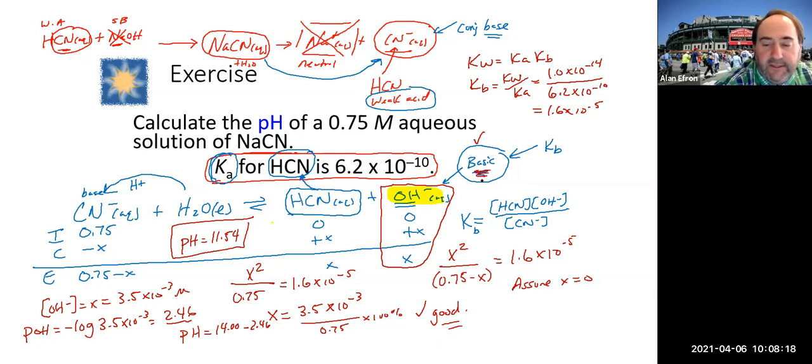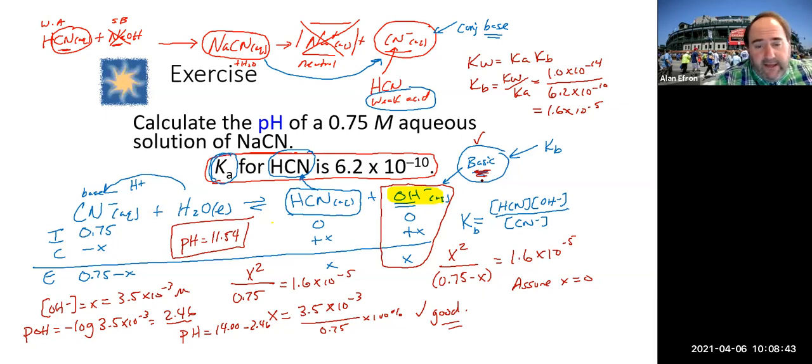Any questions on any of those steps along the way? So these are hydrolysis problems. In this particular case, we generated hydroxide, so we know it's going to be basic. There are also acidic ones, as we talked about, where you generate H3O plus.